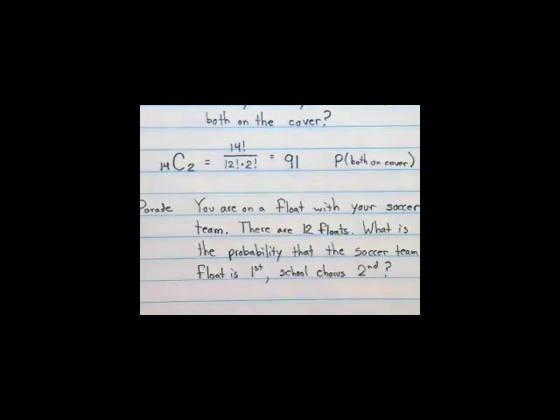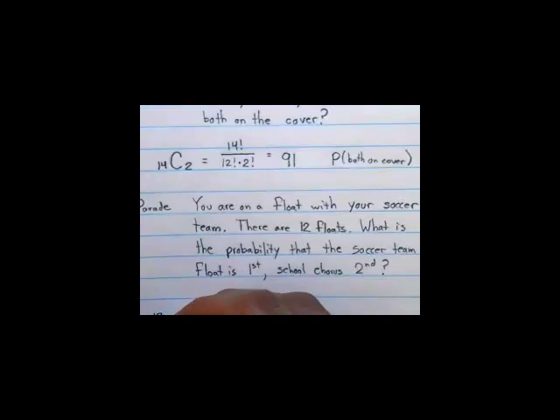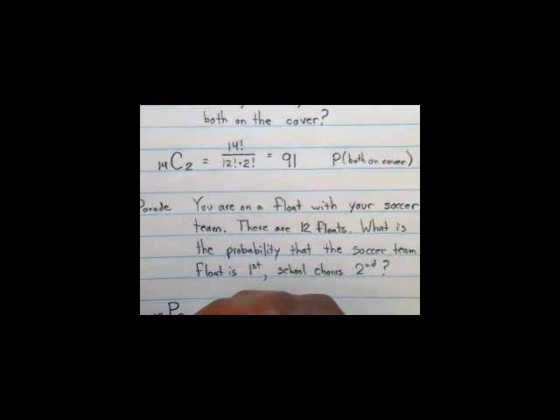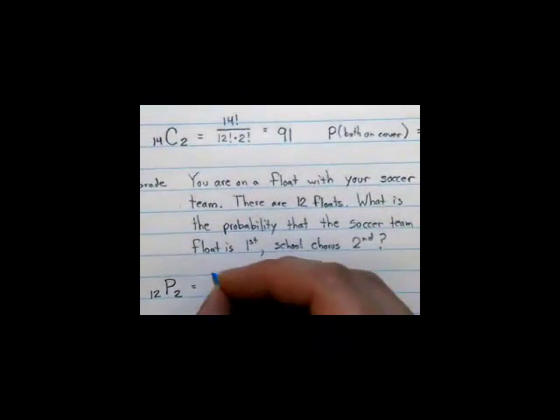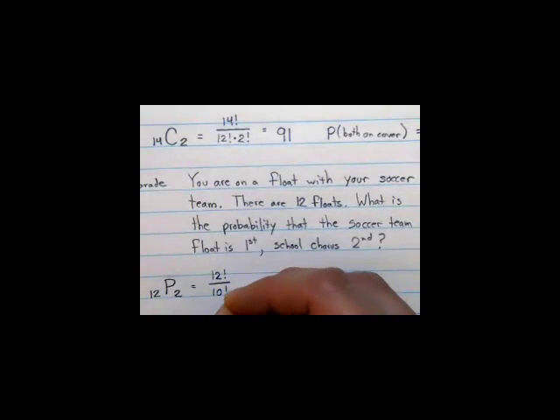So it's going to be 12P2 then. The formula for that is going to be 12 factorial over 12 minus 2, so 12 factorial over 10 factorial.